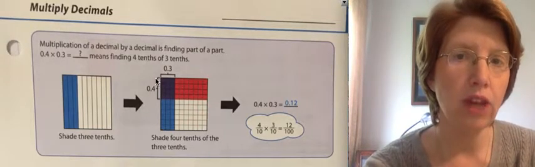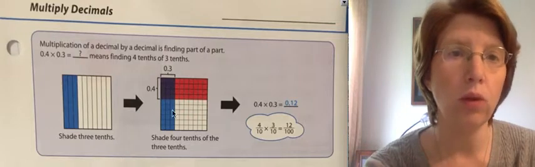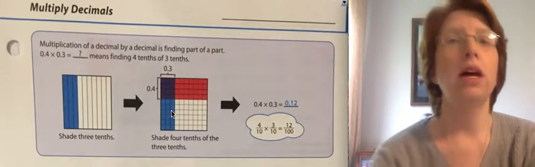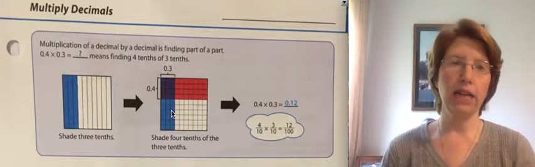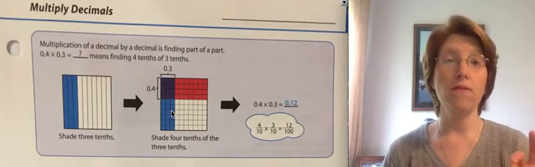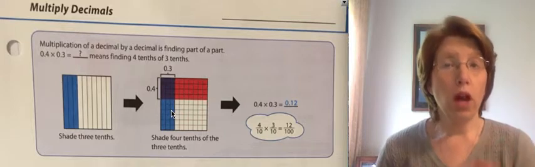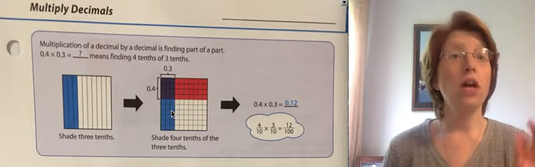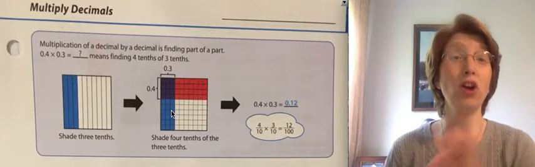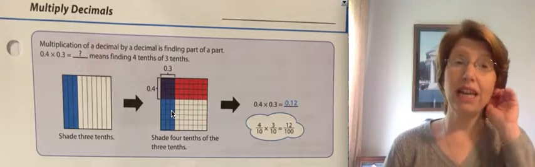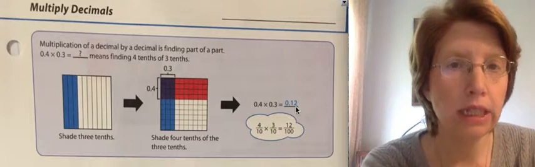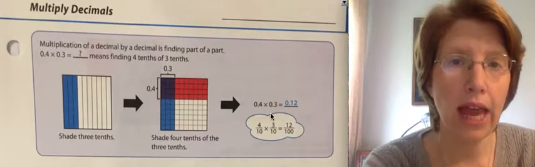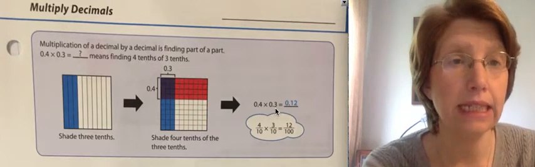And do you see that the overlap is smaller than what we started with? Because when we multiply decimals, we're doing the idea that I said earlier with fractions of. So 4/10 of 3/10. So we're taking a part of a part, which is going to get smaller, not bigger. So 12/100 is smaller than 4/10 and 3/10.